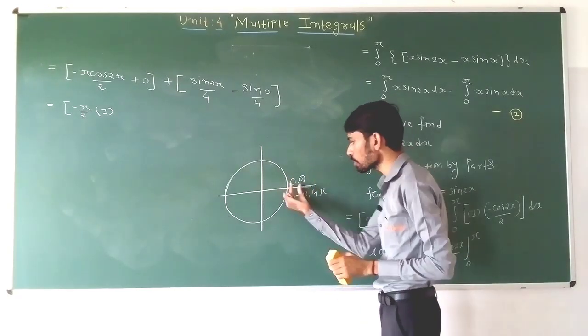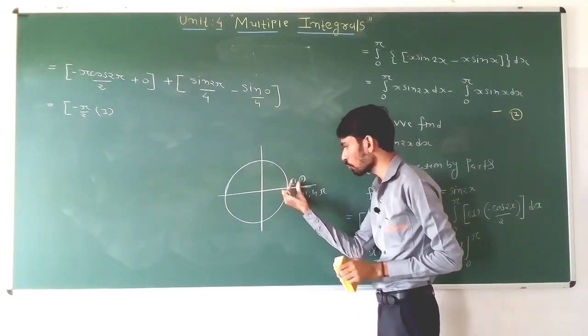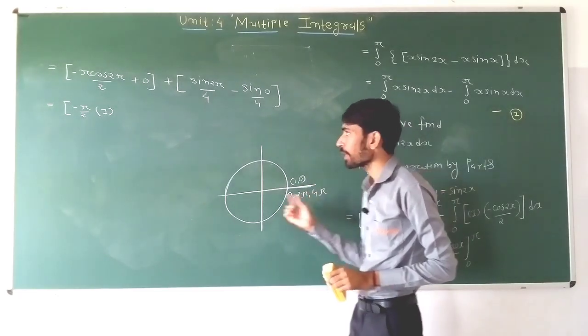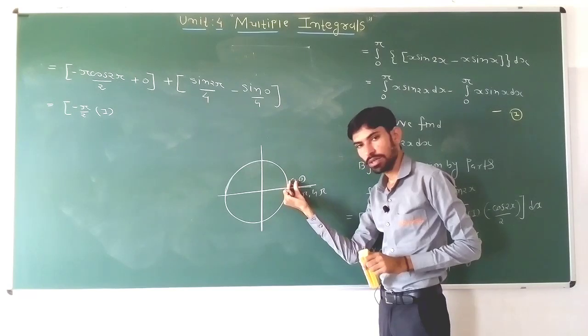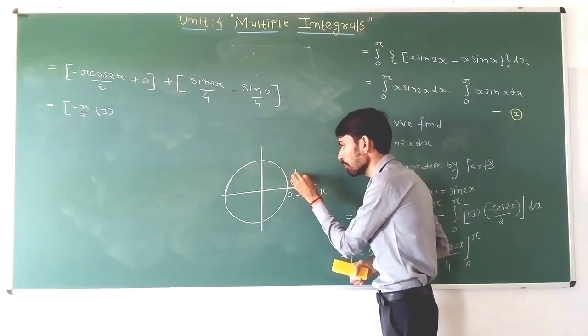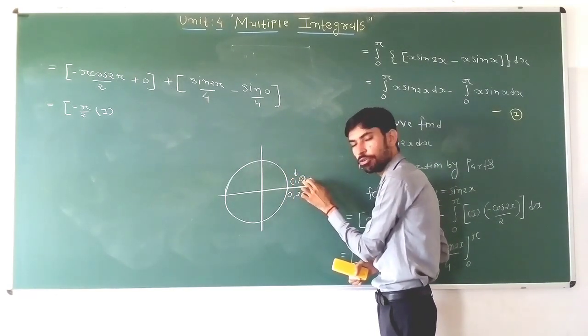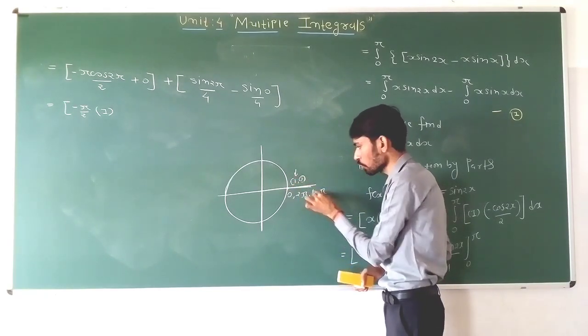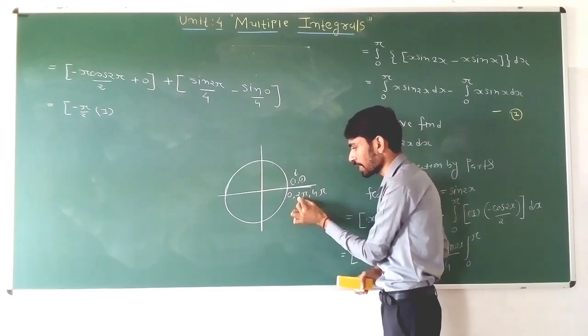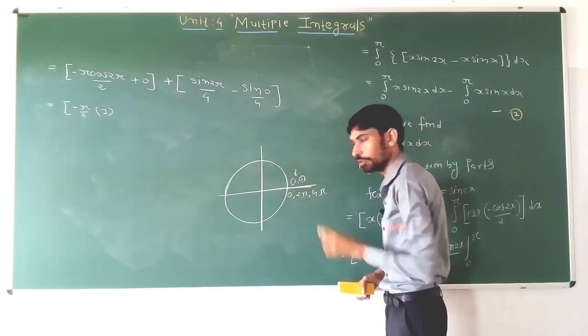So the value of cos 0 is 1, cos 2 pi is 1, cos 4 pi is 1. The first value denotes the cos and the second value denotes the sin. So cos 0 is 1, cos 2 pi is 1, cos 4 pi is 1, sin 0 is 0, sin 2 pi is 0, sin 4 pi is 0.